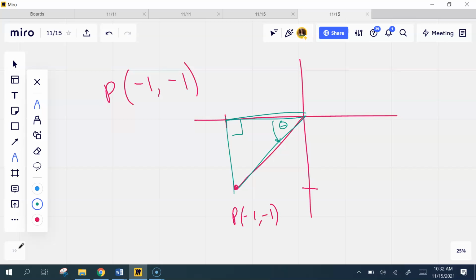Your initial side, it's always the axis. So if I'm in quadrant 3 here, then it would be the negative side of the axis. I want to use it to set up my reference triangle, and to do that, I couldn't have a right triangle the other way.